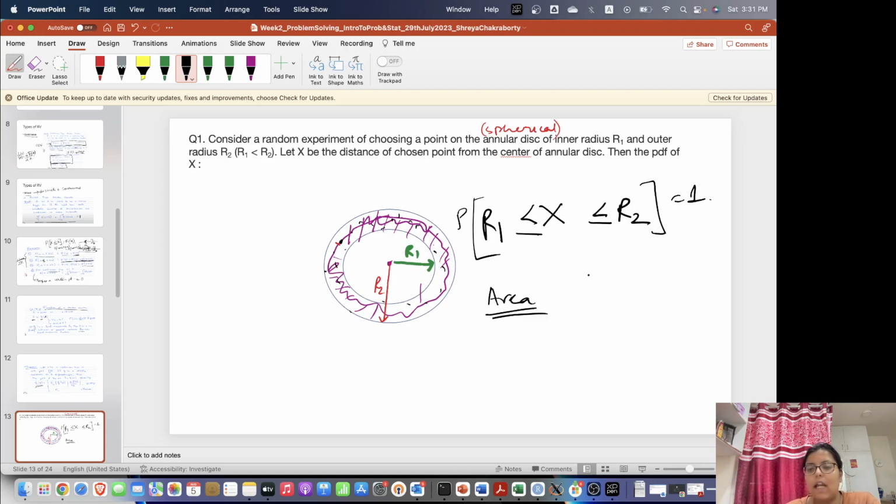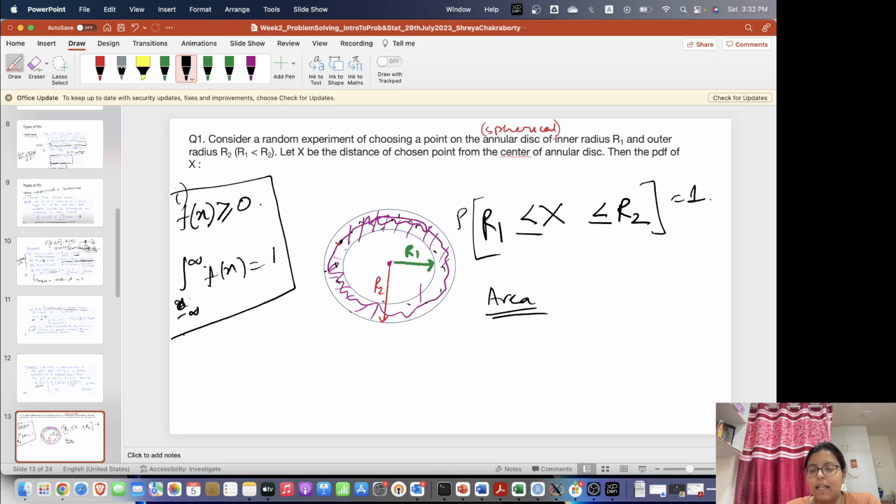I have to formulate the PDF in such a way that two criteria are satisfied: fx should be non-negative, and the integral of fx over minus infinity to infinity should be 1. These are the two criteria that I must satisfy.